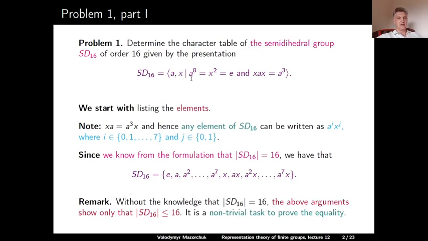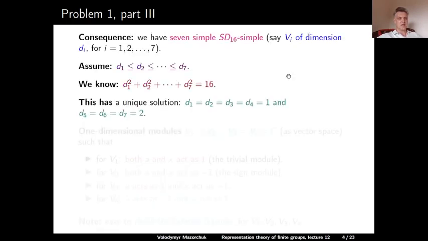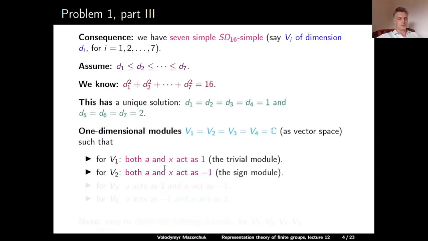If we plug in here -1 for A and -1 for X, then here we get -1 to the power 8, which is 1, -1 to the power 2, which is 1, and here we will get -1 times -1 times -1, which is equal to -1 to the power 3. So the defining relations are satisfied, so this gives us our module.